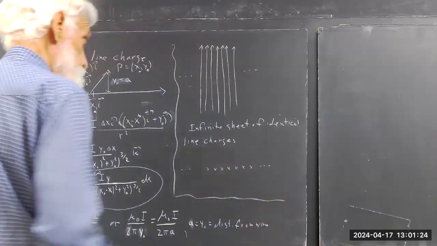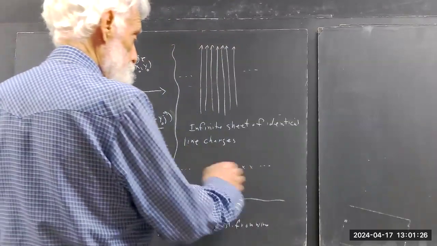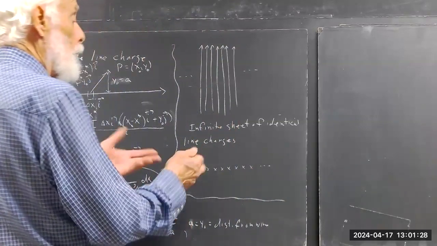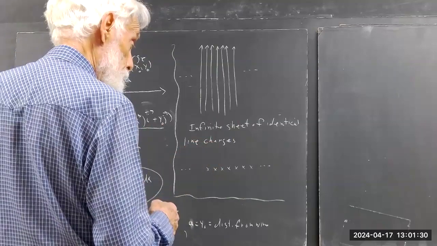These are the ends of the wires, or whatever it is, the current, the line charge.